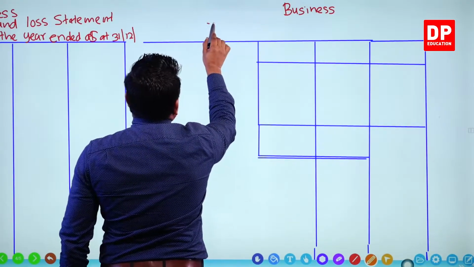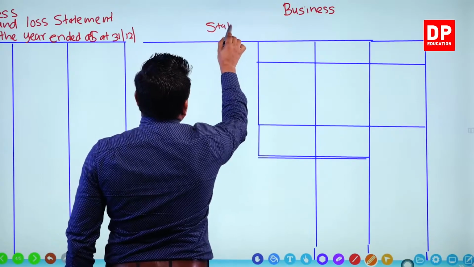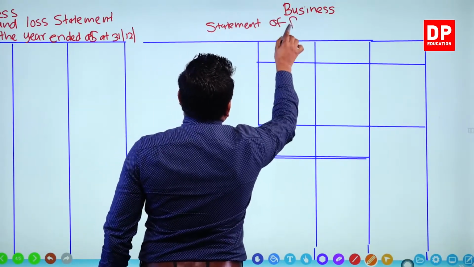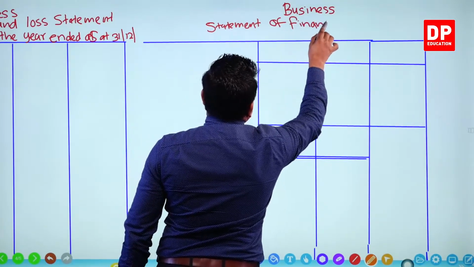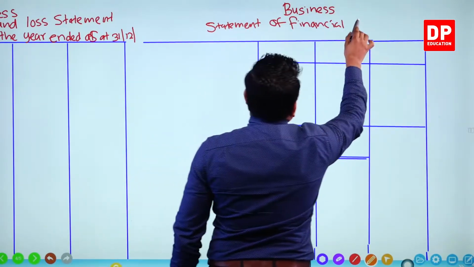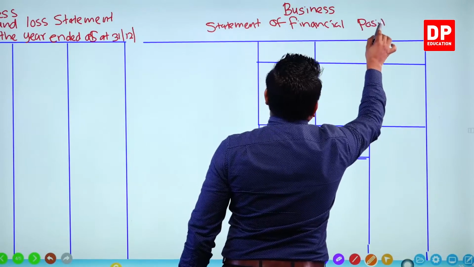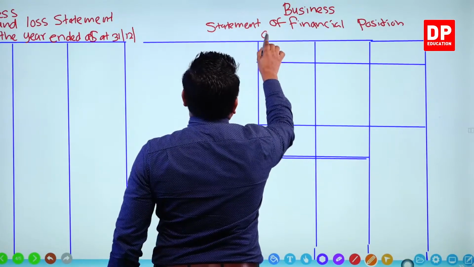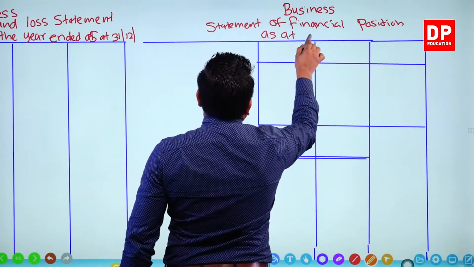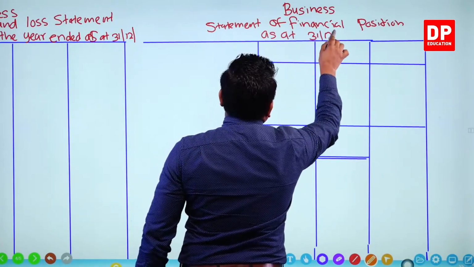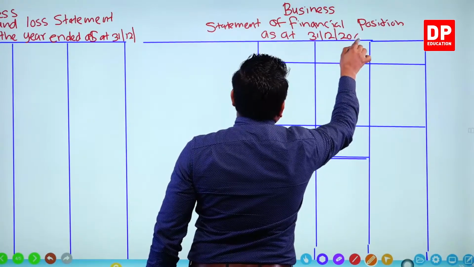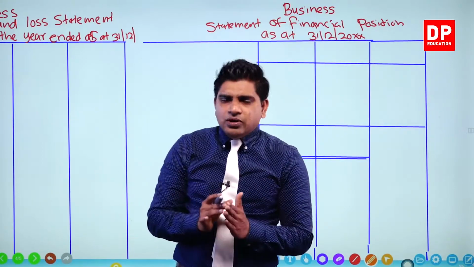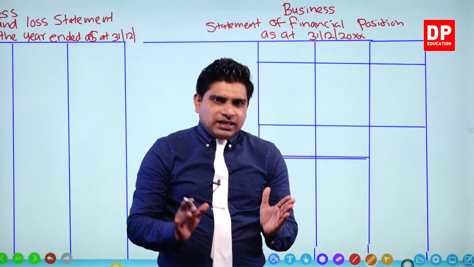Statement of financial position, remember not the year ended, as at 31st December, any year you can put, according to the question, since they don't clearly give us the year.